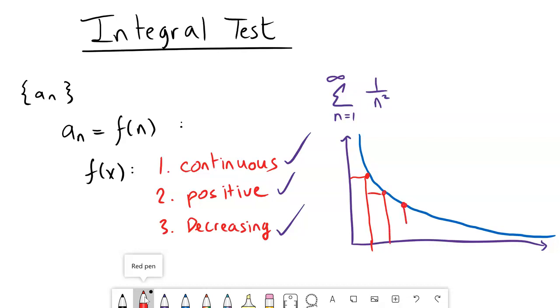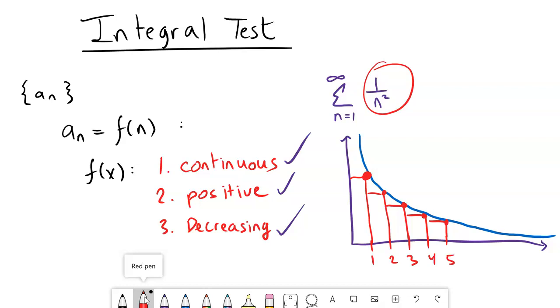And you'll see that since these widths right here are 1, the height, or the value if you plug it in, is basically going to be that. So this is x equals 1, 2, 3, 4, 5.